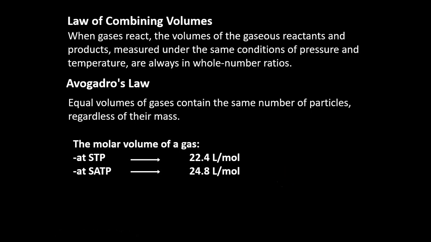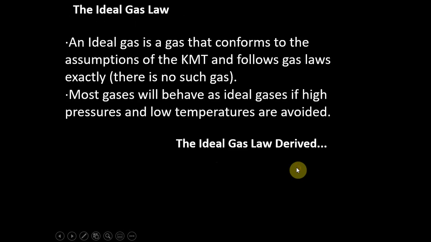Those are important numbers to know, and we can derive them from the ideal gas law, which we will present in the next slide. But these numbers are good to know for a number of the questions that you're going to be working on for homework. All right. The ideal gas law is simply that an ideal gas conforms to the assumptions of the kinetic molecular theory and follows the gas laws exactly.